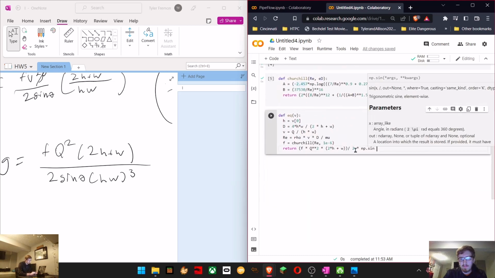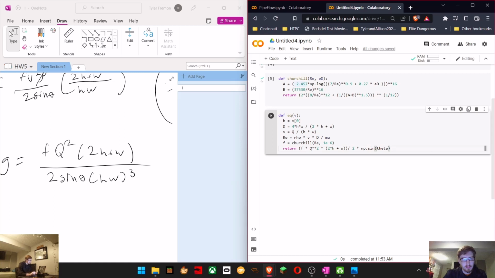I have theta defined. Then times our height times our width cubed. The denominator needs to all be in parentheses, and then we'll put all of this in parentheses.